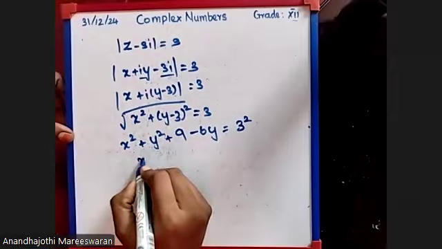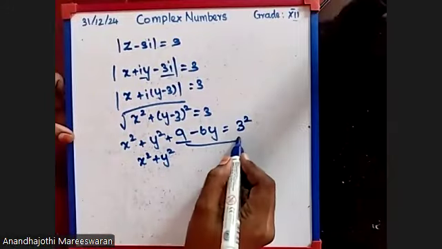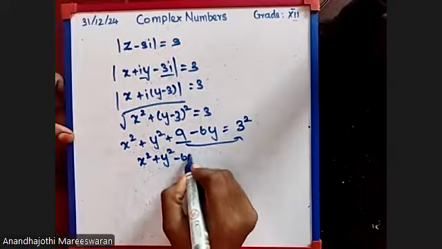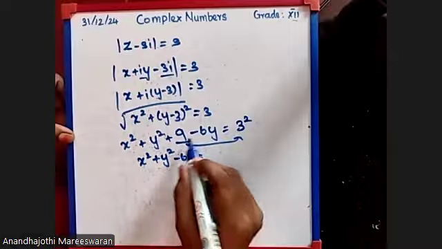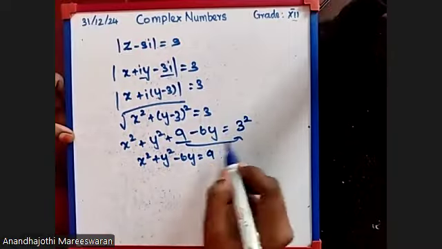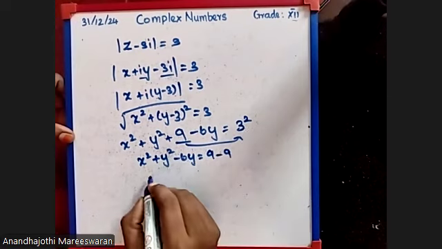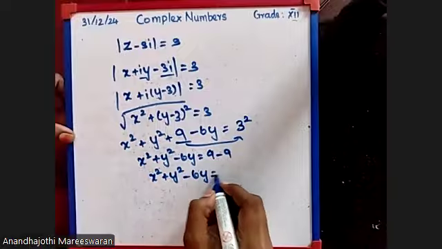So x squared plus y squared plus 9 minus 6y equals 9. I move this 9 to the other side, so it goes as minus 9. So x squared plus y squared minus 6y equals 0.